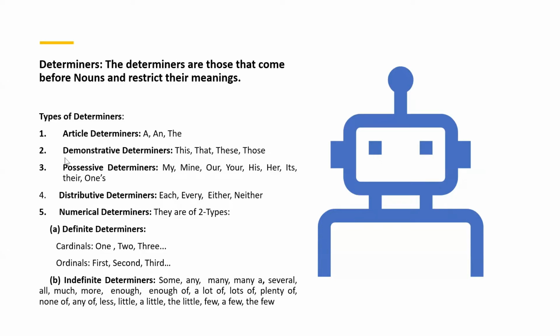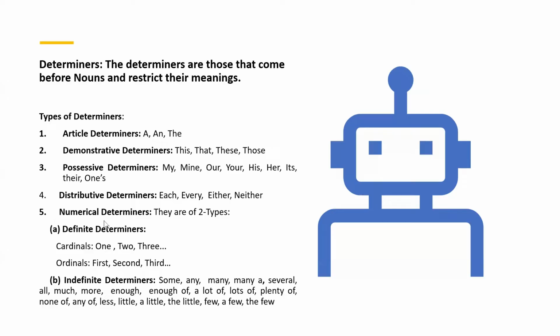Number two, demonstrative determiners. They are this, that, these, and those. Then possessive determiners. They are my, mine, our, your, his, her, its, their, and one's. Actually, they show possession. Then distributive determiners. Each, every, either, neither. Even I'll tell you the use of either or, neither nor.